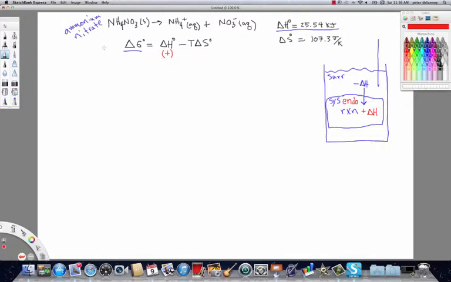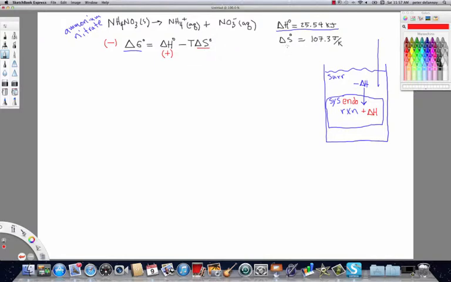And since when we carried out this reaction, you can actually watch the material dissolve, we know in advance that the sign of the delta G needs to be negative. Yet the enthalpy that is involved in the equation is actually a positive number. So this is going to have the effect of working against the free energy. So what we want to do next is focus on what's going on with the entropy.